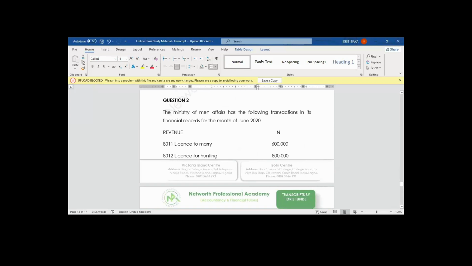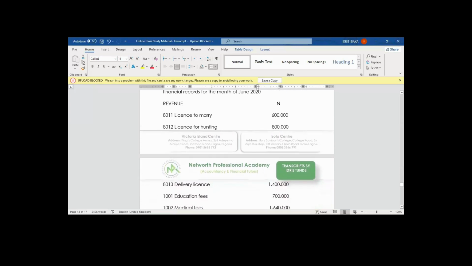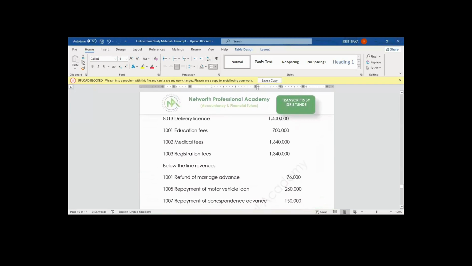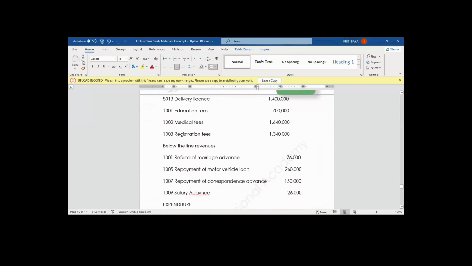So the Ministry of Main Affairs has the following transactions in its financial record for the month of June 2020. Revenue: 8,011 license to marry, 8,012 license to hunting, 8,013 delivery license, 10,001 education fee, 10,002 medical fee, 10,003 registration fee.